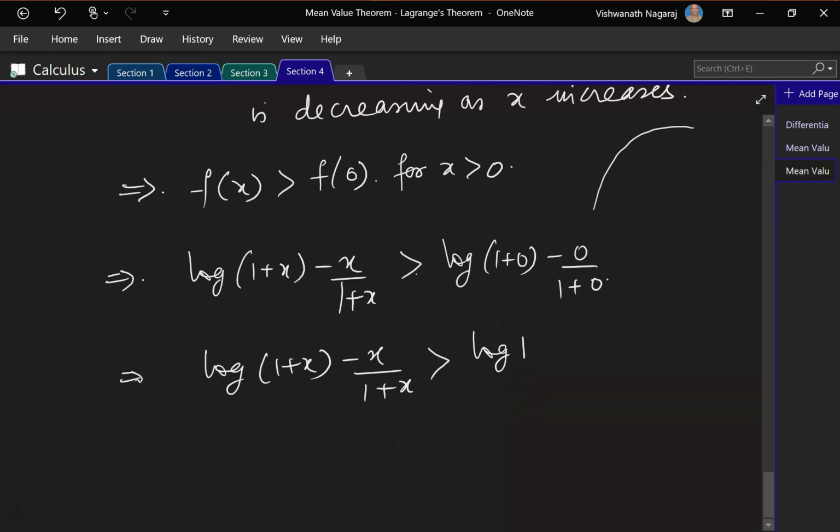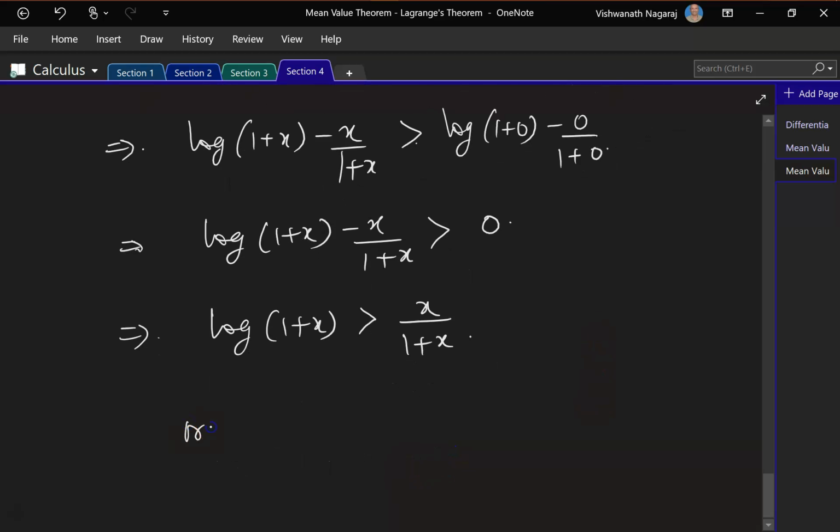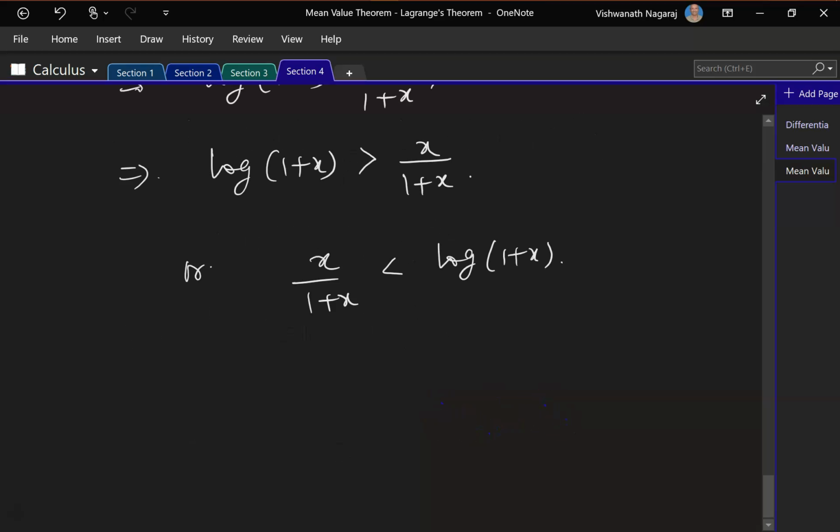Log of 1 is 0. So that means this is greater than 0. Which implies log of 1 plus x is greater than x by 1 plus x. Or we can say x by 1 plus x is less than log of 1 plus x. That is the first part.